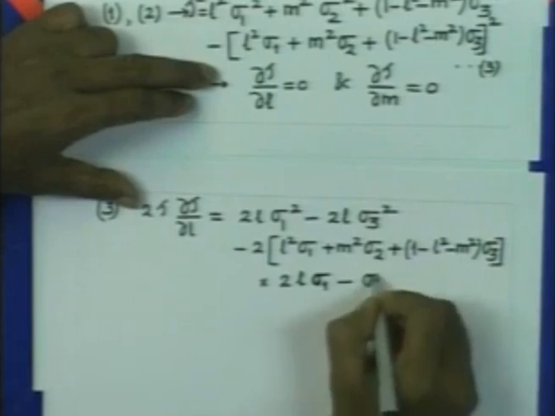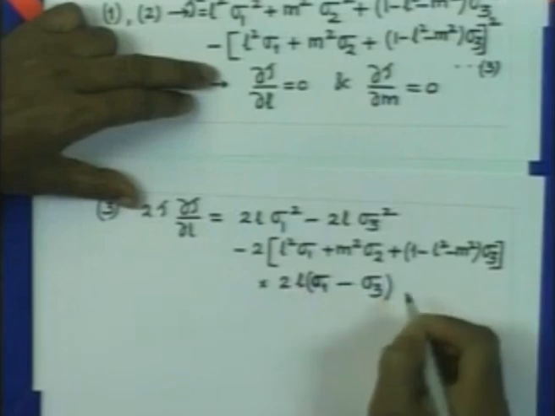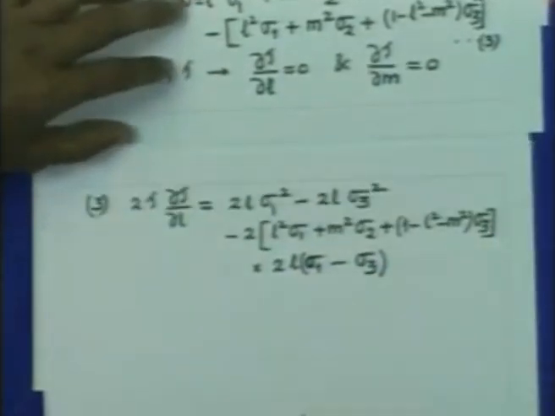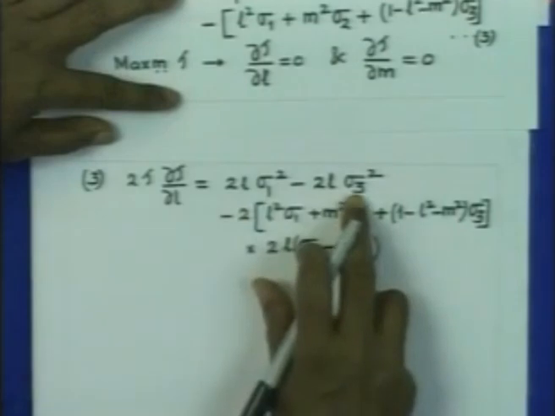So, therefore, we will have 2 times l sigma 1 minus sigma 3. This is again sigma 1 square minus sigma 3 square into 2 l.